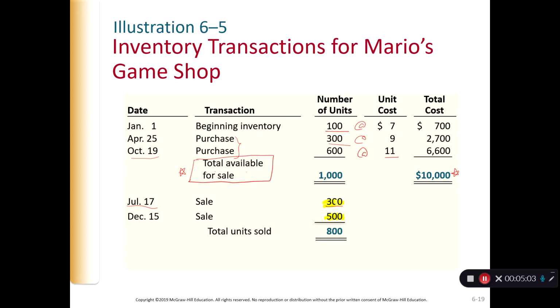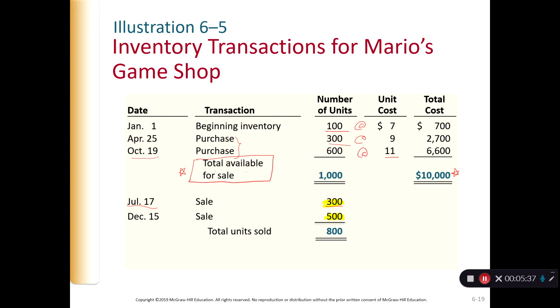Is it 300 units from the first purchase on April 25th, or from the purchase on October 19th? We don't know. Or is it 300 units from the old inventory from last year? They didn't say. This is where we as accountants come in to give a judgment, to apply an assumption that this 300 maybe comes from here, maybe from here.